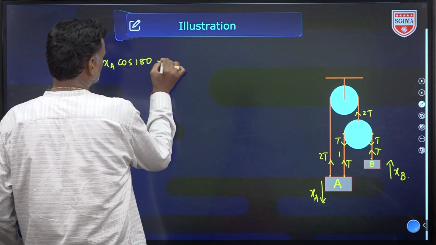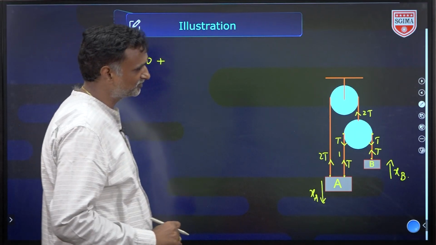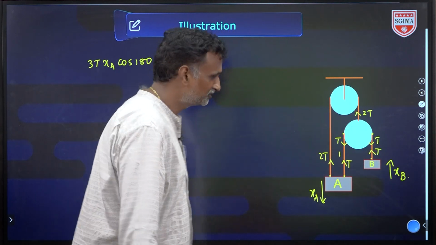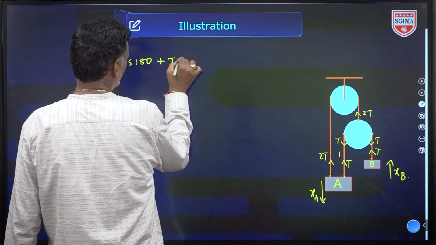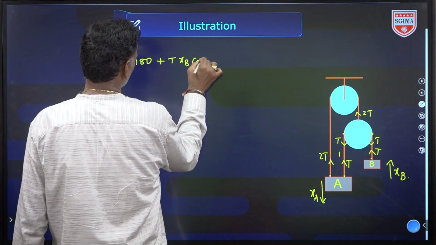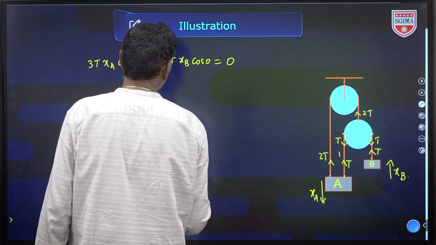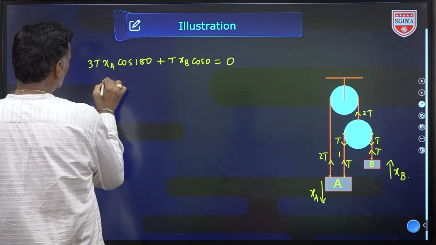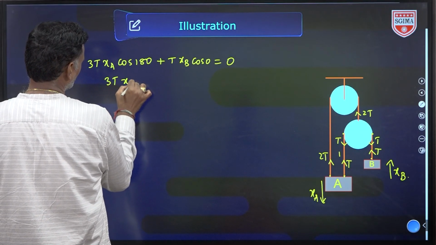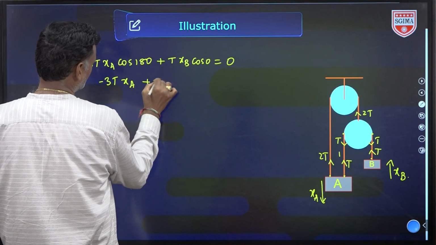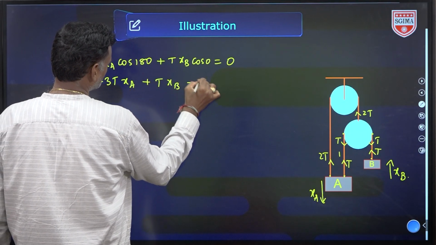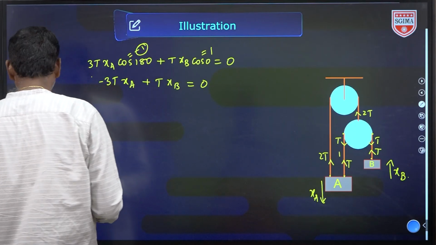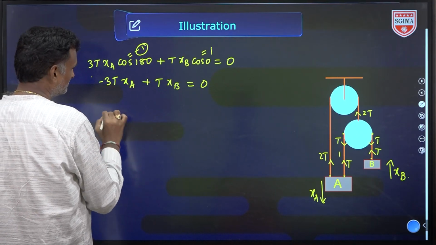Next, work done on the B block: XB upward, tension also upward. So, we can write T into XB cos 0, and the total work done on the blocks will be 0. So, we can take 3T XA, here it is minus, plus T XB equal to 0, because cos 180 is minus 1. Minus shifting to the right side becomes plus.